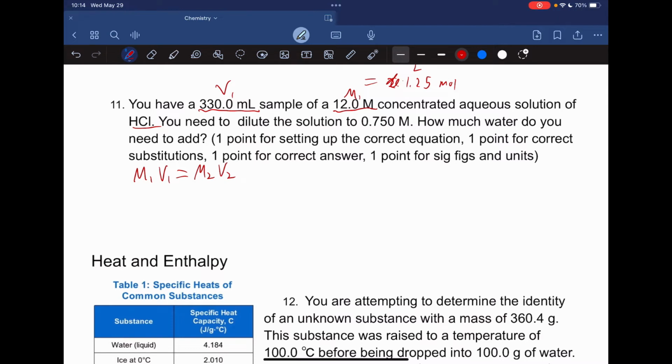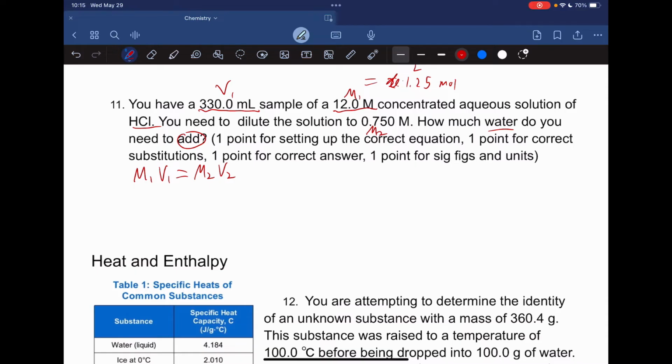And we need to dilute the solution to have a more dilute, so a less concentrated solution. So that would be a later molarity, later concentration. How much water do you need to add? And notice this is add, so this is not what's the final volume of the solution going to be, but how much additional water do you need to add? That's a little bit of complication, but we'll get there.